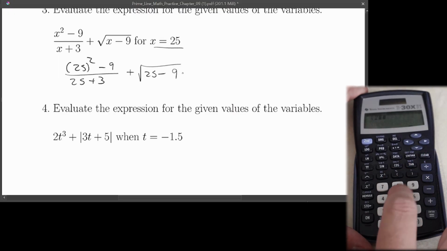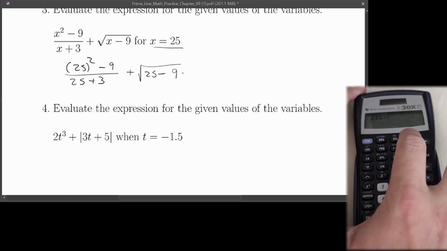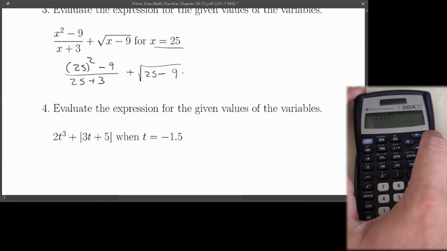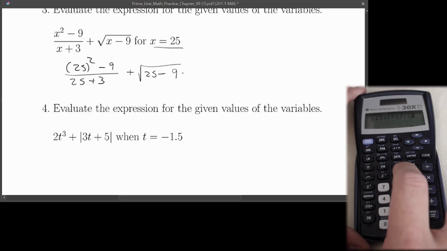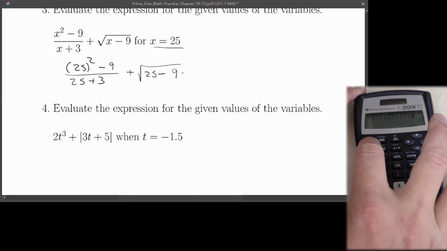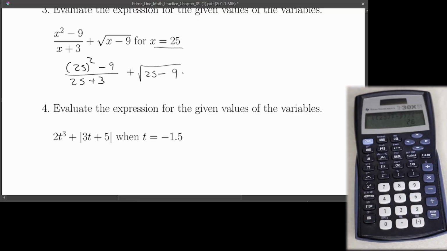So parenthesis 25 squared, we need an extra parenthesis here to put it on our numerator, so minus 9 divided by 25 plus 3 plus our square root 25 minus 9. We get a grand total of 26 for our final value.